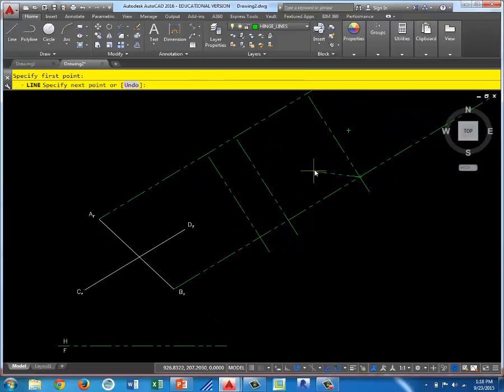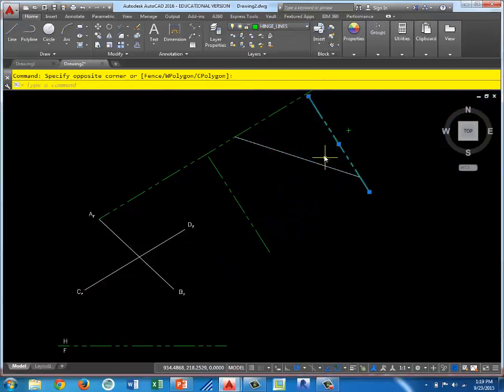So I have a line from here to the intersection of these two. Erase, erase, erase. All right, so there's my point view. There is my projection of line AB.